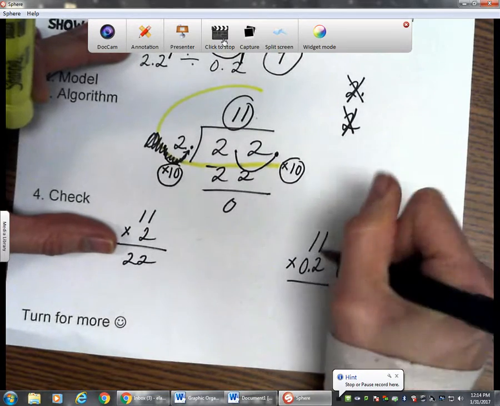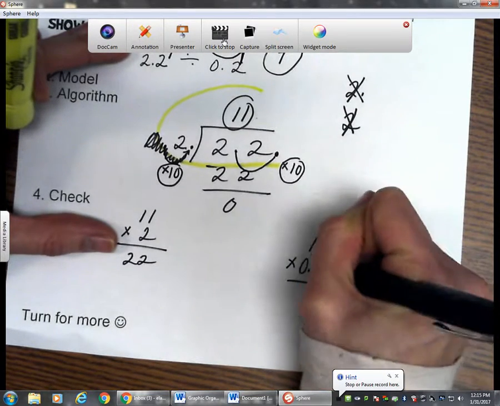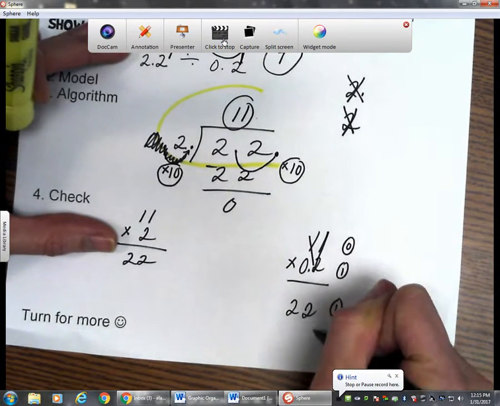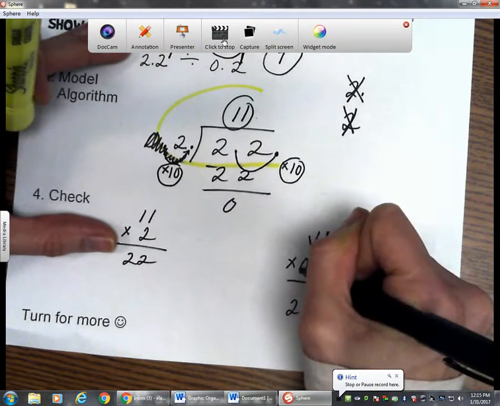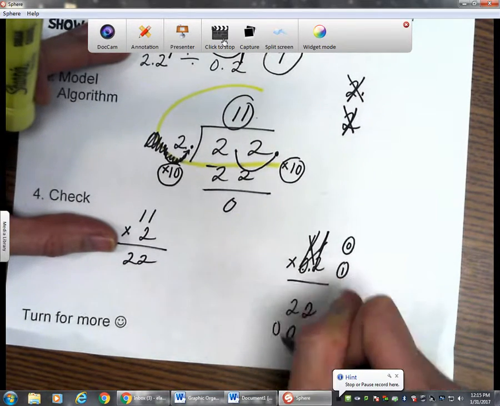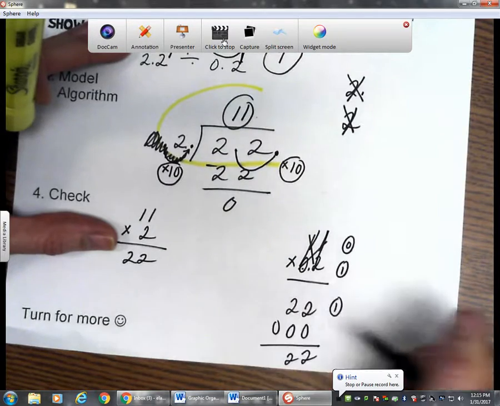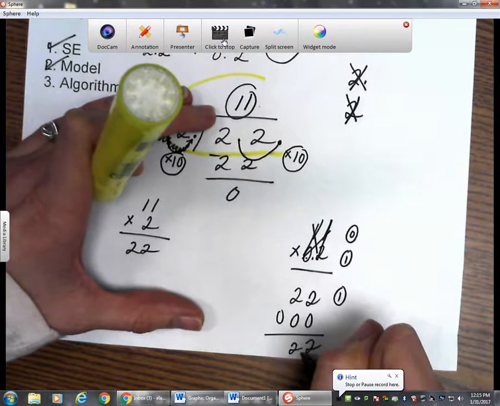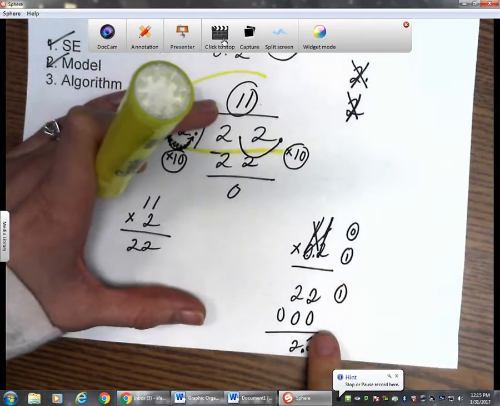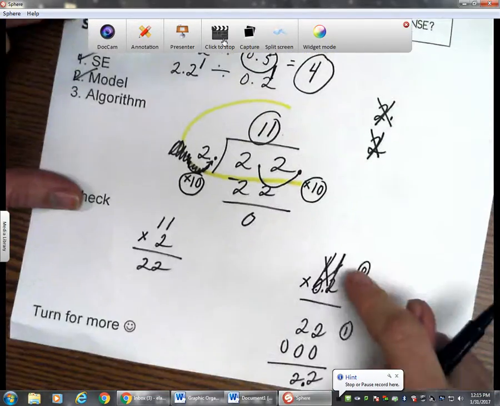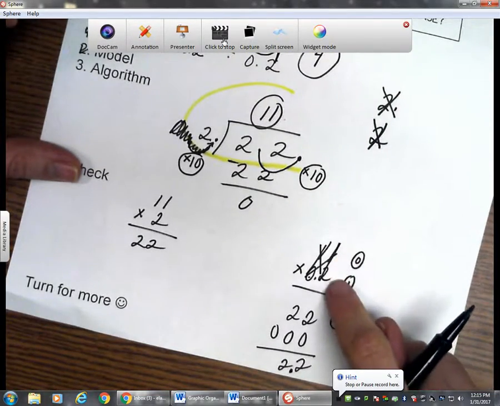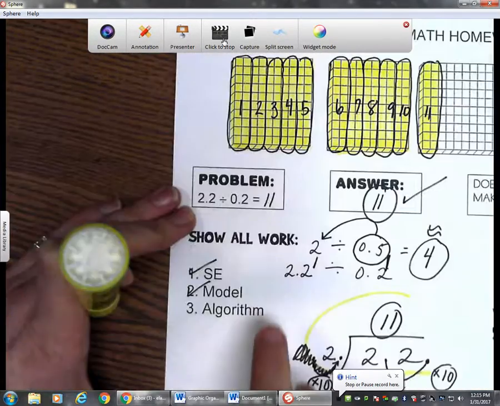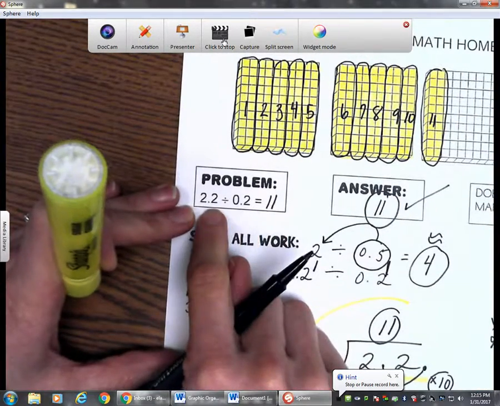And now I multiply. Put my placeholder 0, 0, 0. And so I'm going to get this with 1 place after the decimal. So this proves that 11 times 2 tenths does get me 2 and 2 tenths.